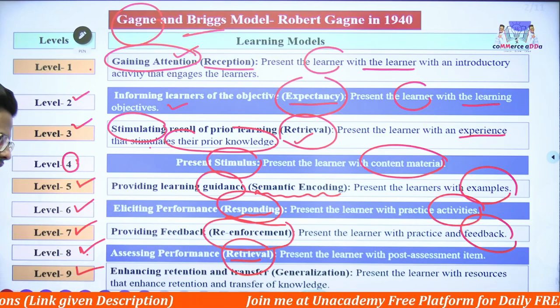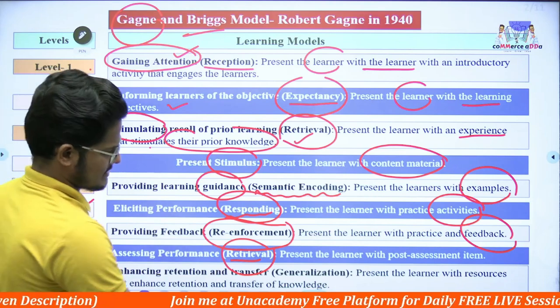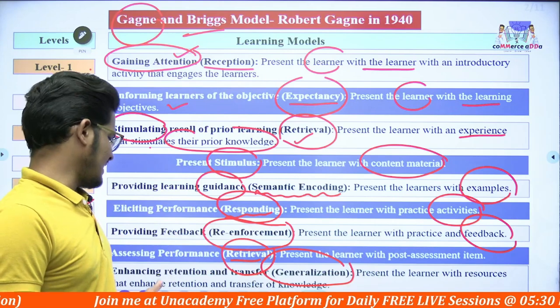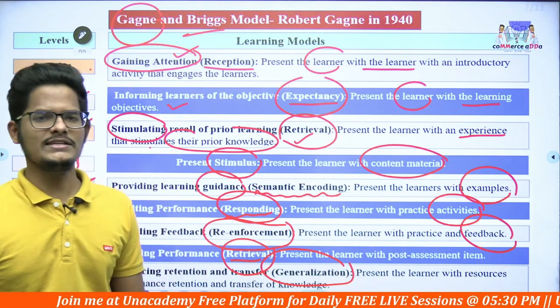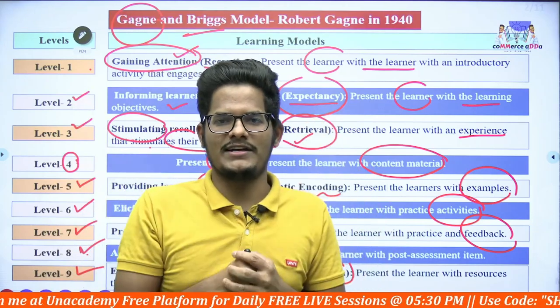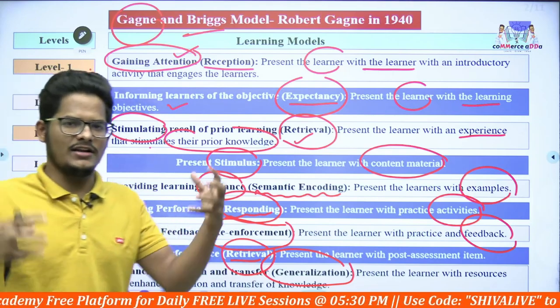Level number 9, which is the last one, enhancing retention and transfer, which is called generalization. Present the learner with resources that enhance the retention and transfer of knowledge, meaning the mind is going to be fixed with that particular concept taught by the teacher. Enhancing means improving the learner, and retention means it is going to be stored in the mind.